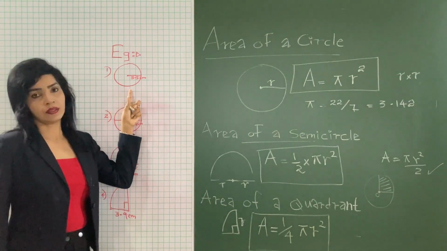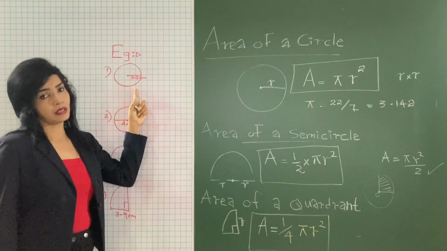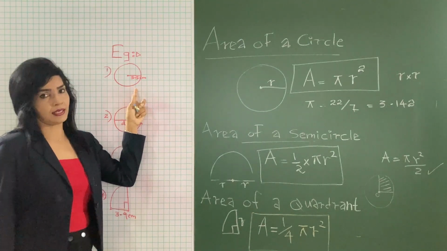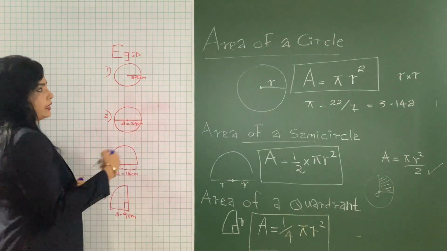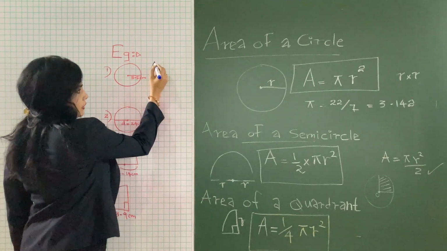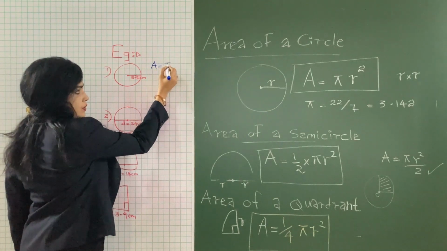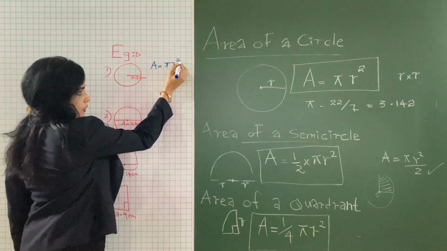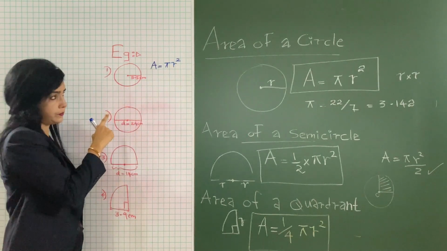Okay, the first question. The radius is equal to 5.5 centimeters, right? I want to find the area of this. Area is equal to pi r square because it's a full circle.